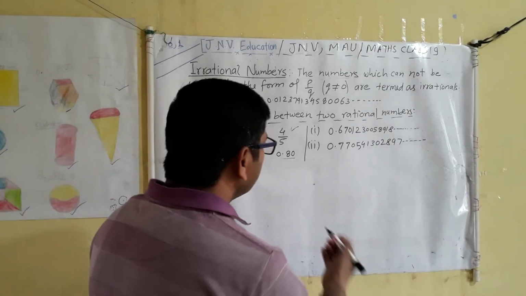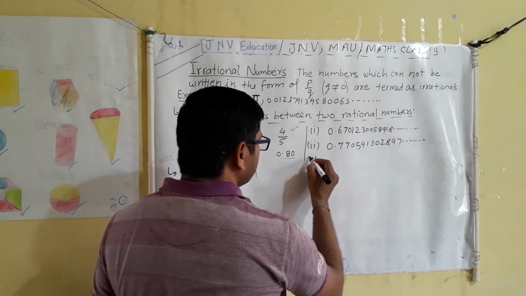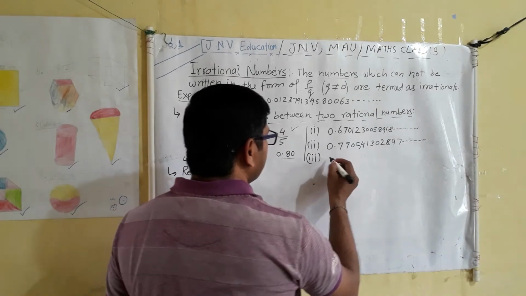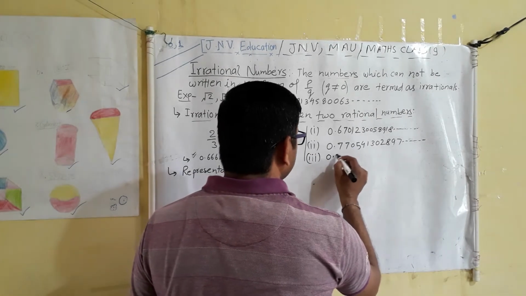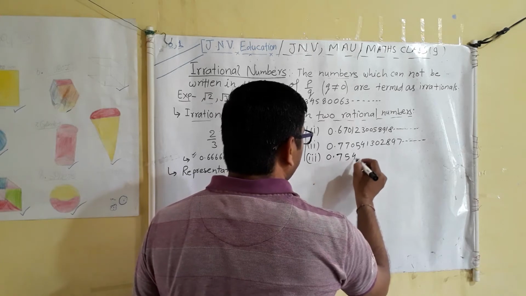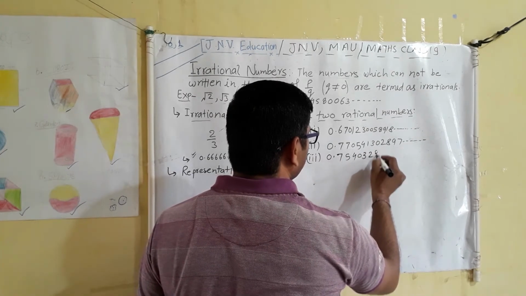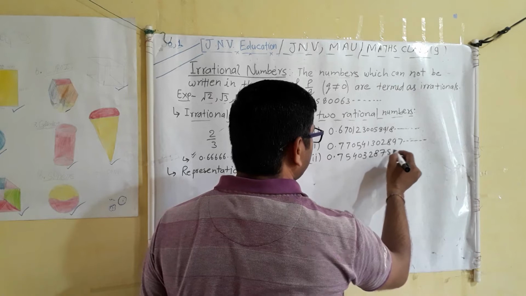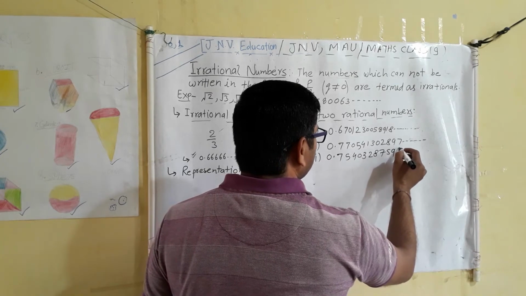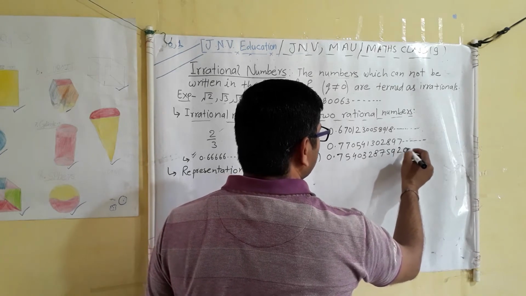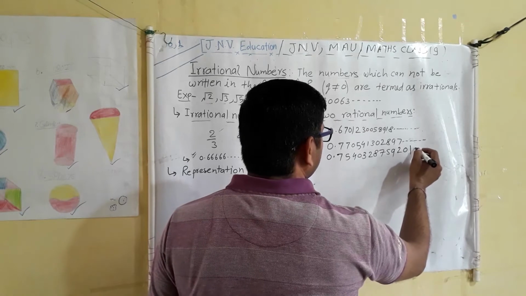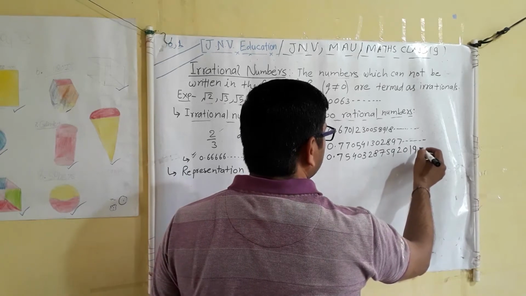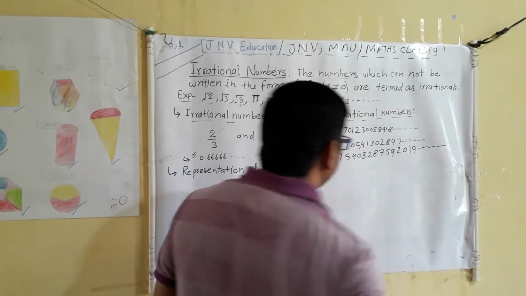If you want to write more examples, you can write another example, 0.75403228759201 and so on.